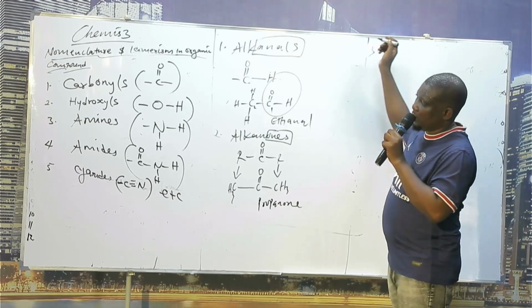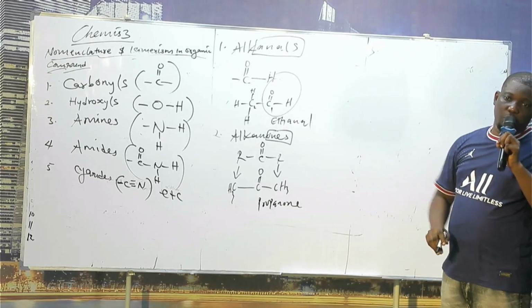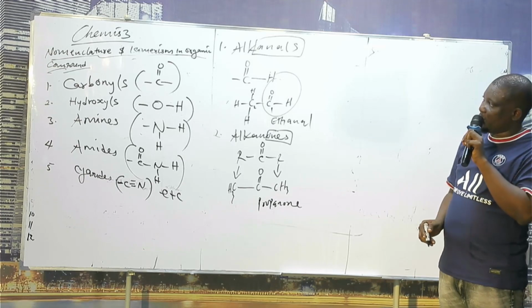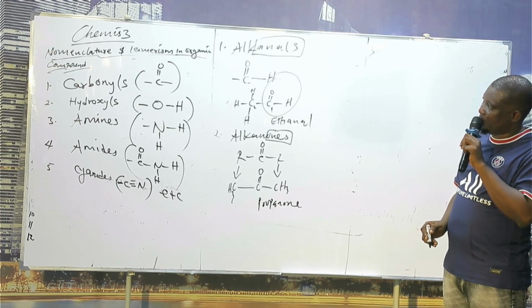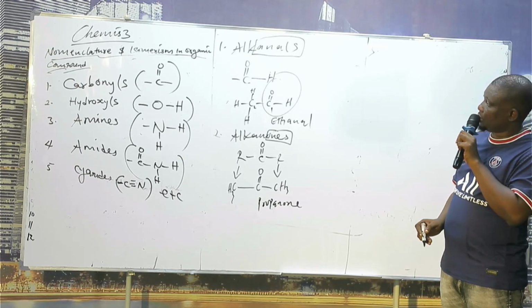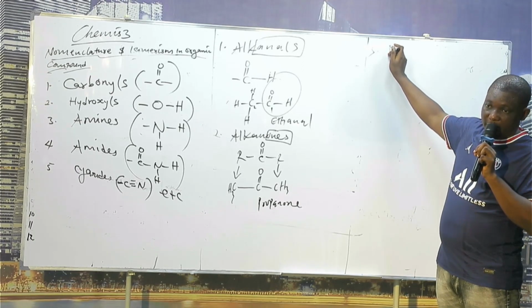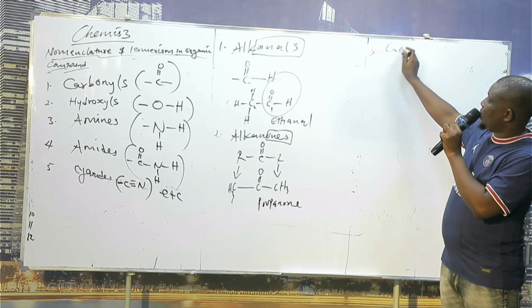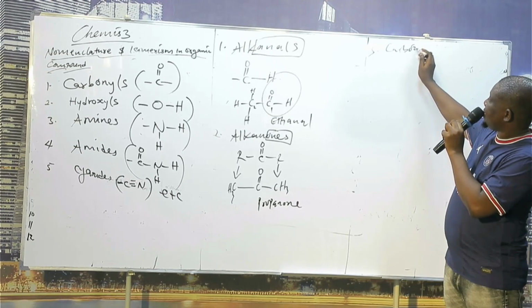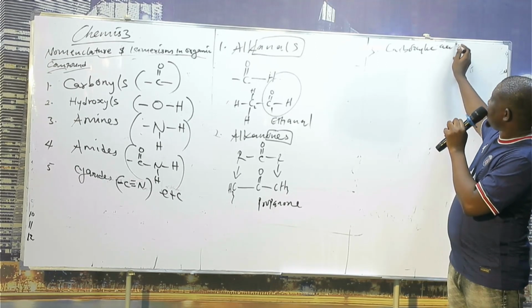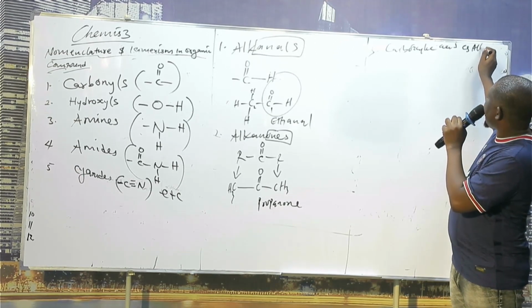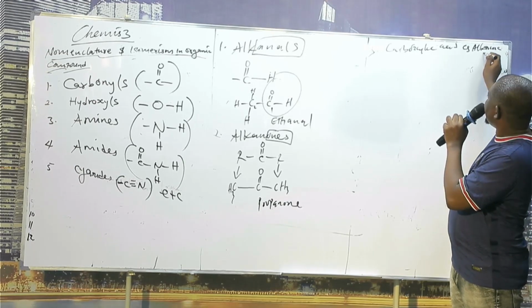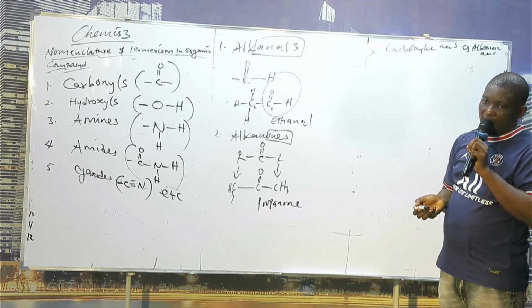Let's look at another organic compound with carbonyls. Which organic compound has carbonyls? We mentioned alkanones. What about carboxylic acid, which we call alkanoic acid?